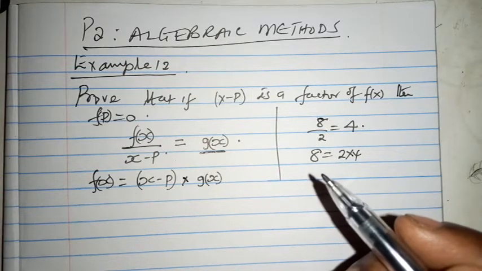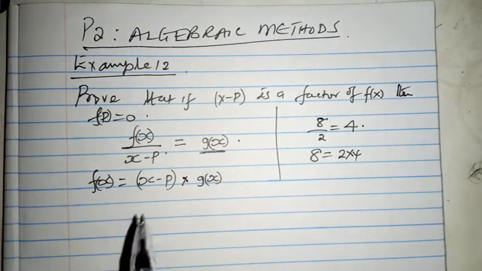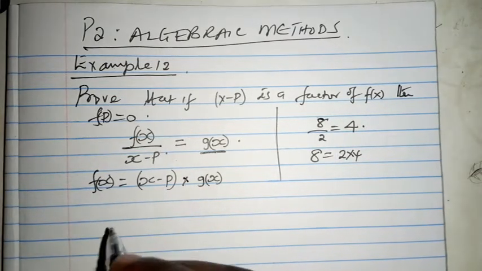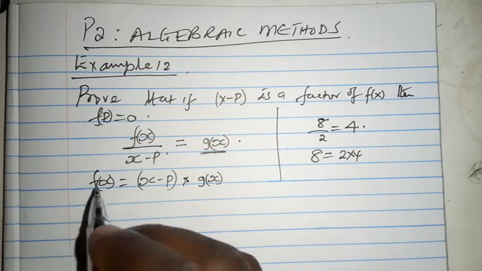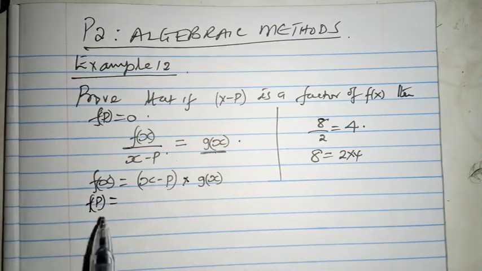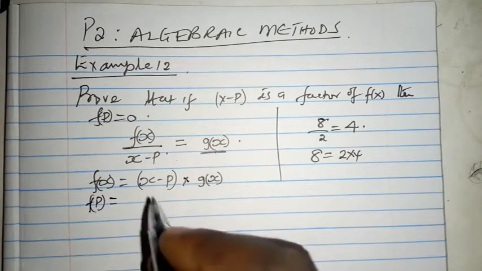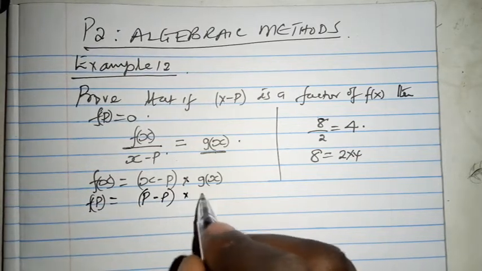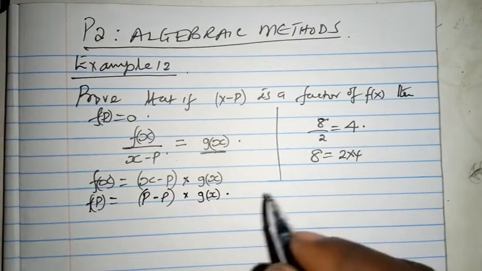So if this is true, then if we want to talk about f(p) in the same kind of language, every time we come across x we substitute with p. It is going to be p minus p multiplied by g(x).